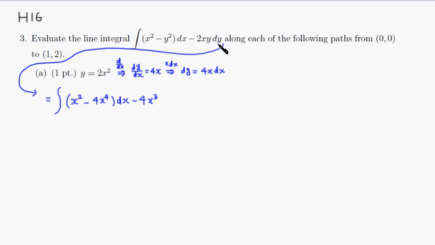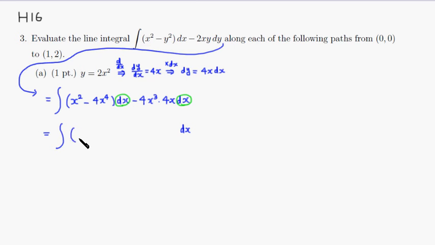Then you have dy, but the dy is the same thing as 4x dx. So there's no point in writing dx twice. There's a dx here and a dx there, so I'm just going to pull that out. So I have an integral, and we have a dx here, written once.